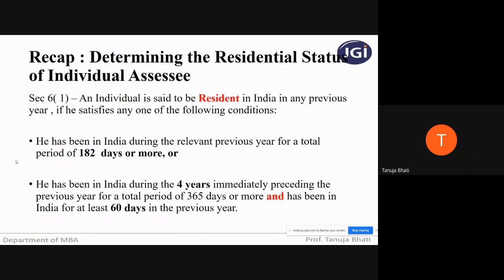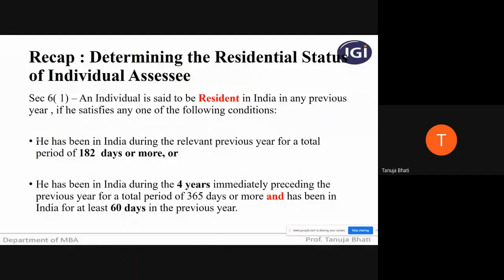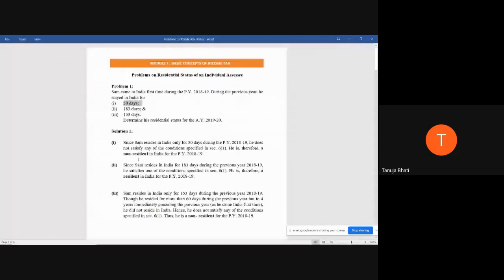Here we have seen that the first basic condition is that he has been in India during the relevant previous year for a total period of 182 days or more. So in the first situation, tell me, is he fulfilling the first basic condition? Is his stay in the previous year 182 days or more? No. His stay in the previous year is only 50 days. So he's not fulfilling the first basic condition.